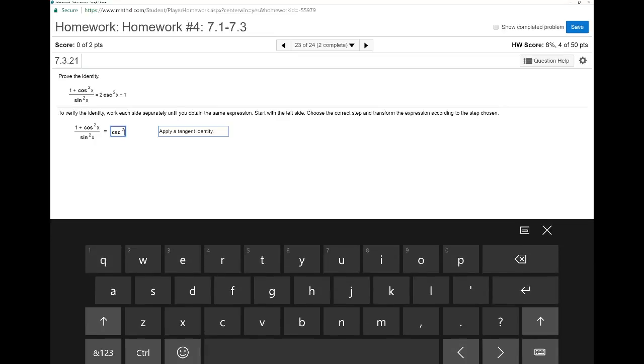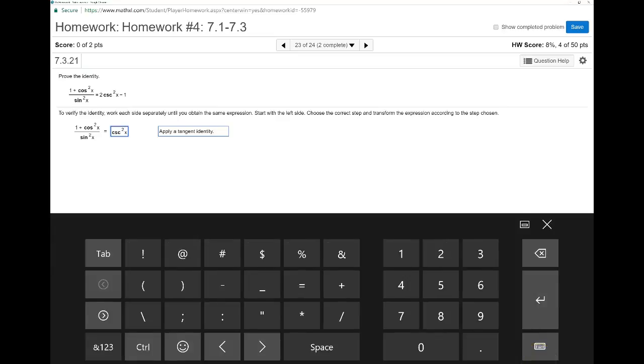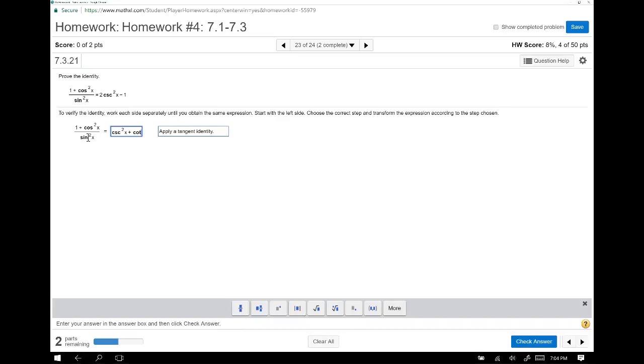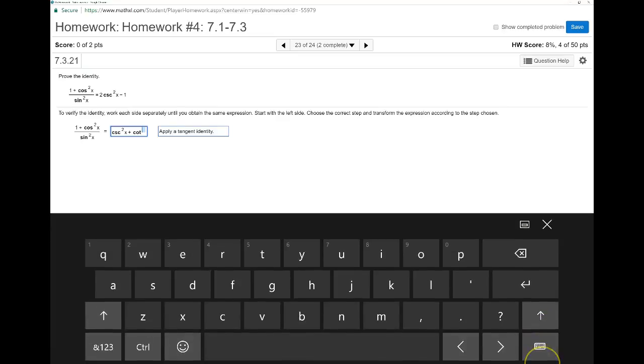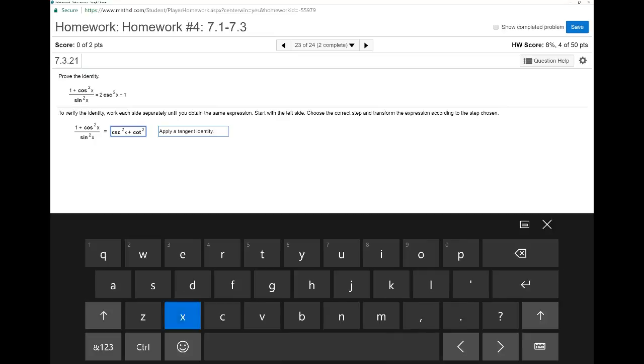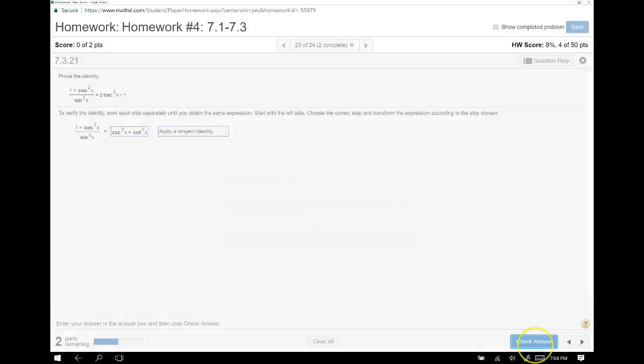So we've got cosecant squared x, that's if I do 1 over sine squared. And then plus, if I do cosine squared over sine squared, I get cotangent squared. I have a feeling it's not going to like this though, but I'm going to try it.